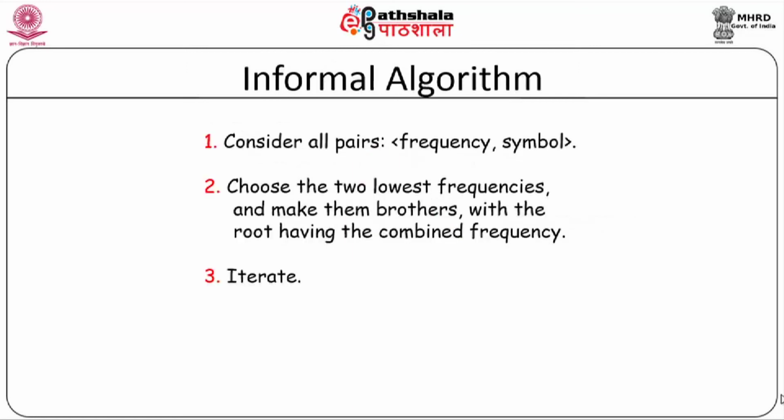This is the informal algorithm. Take all the symbols along with their frequency. It is a greedy approach: choose the two lowest frequencies and combine them. It will produce a new node where the frequencies of these two symbols are added. Then this process is repeated till we get the root.